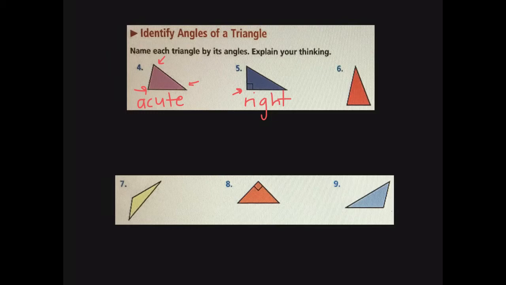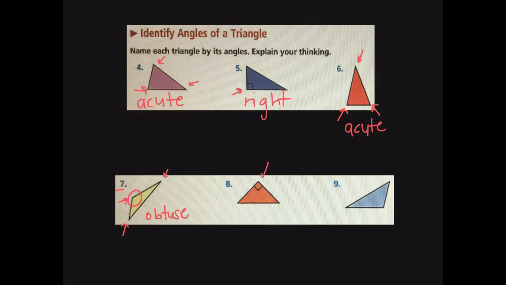Number 6 here, I see an acute angle on top, an acute angle on the left and bottom right. So this would be an acute triangle because there's three acute angles on the inside. Now, number 7 here, I see an obtuse angle and then 2 acute. Because of this obtuse angle, we'll name this an obtuse triangle.